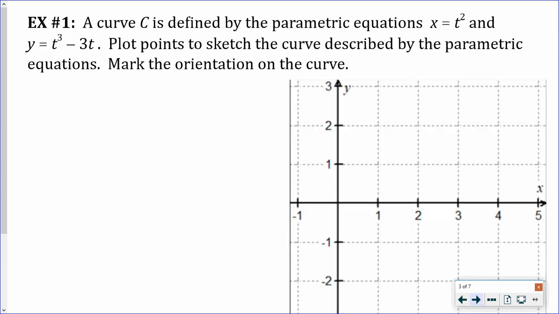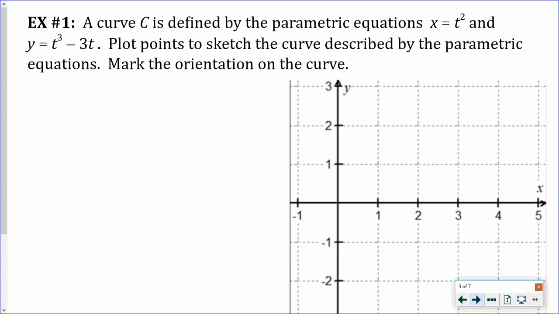Now that you understand a little bit more about parametric equations and that it's just two equations, both in terms of t, how do we graph parametric equations? Well, we graph using a table of values, but we're going to set up our table a little bit differently.